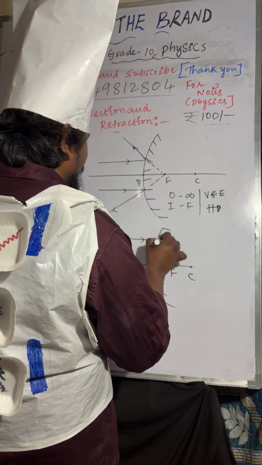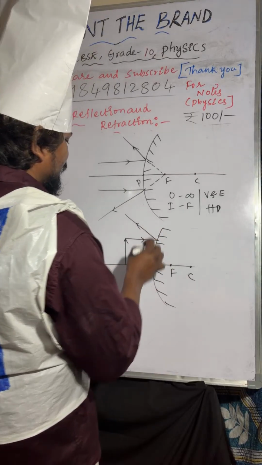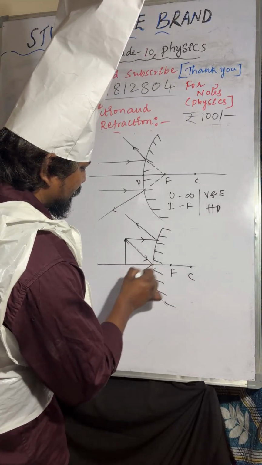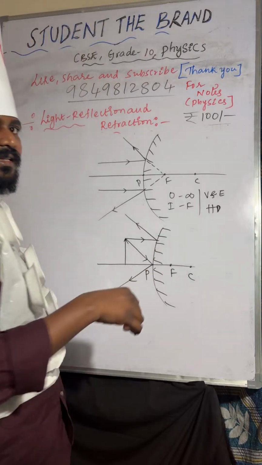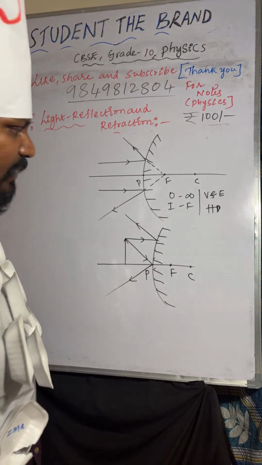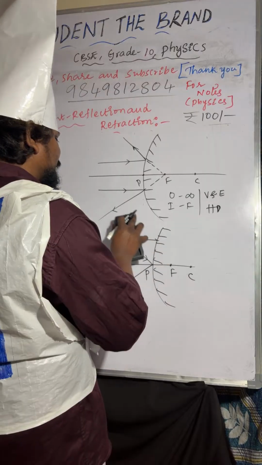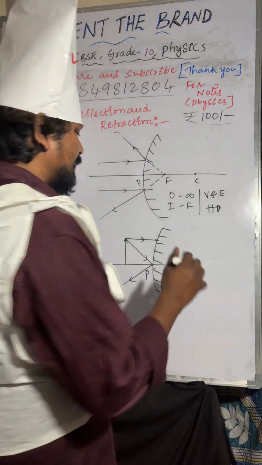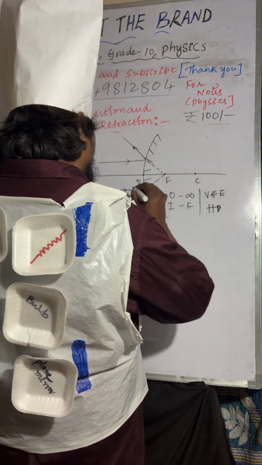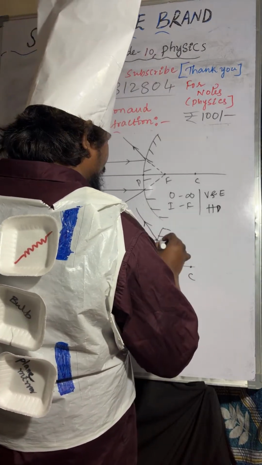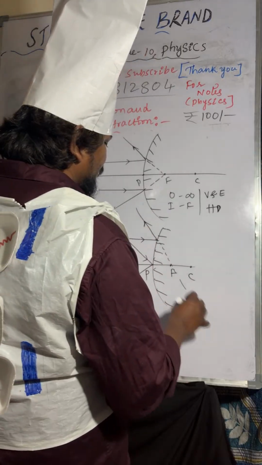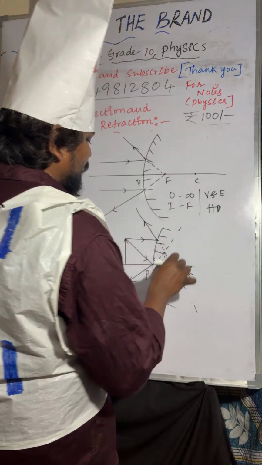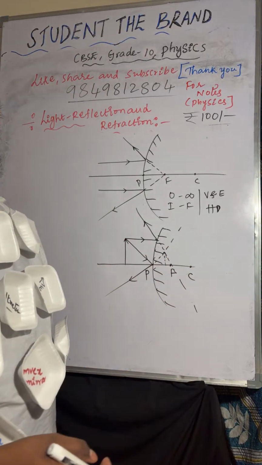One light ray I am taking like this, and another light ray like this. If you extend these light rays, the image will form between P and F.